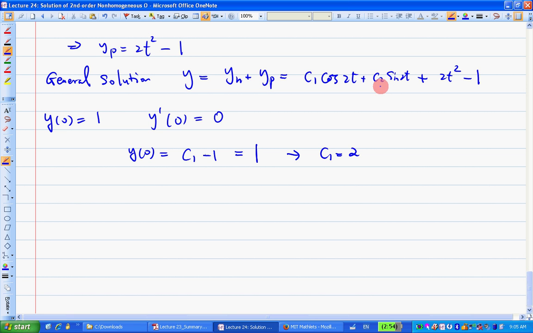So anyway, that's c1 here. For c2, you need to calculate y prime first, right? Calculating y prime here, that's negative 2c1 sine 2t, plus 2c2 cosine 2t, plus 4t.